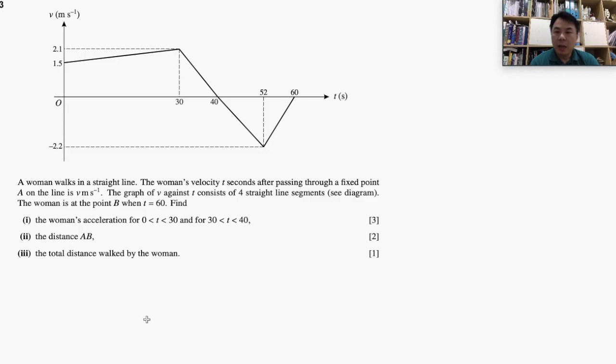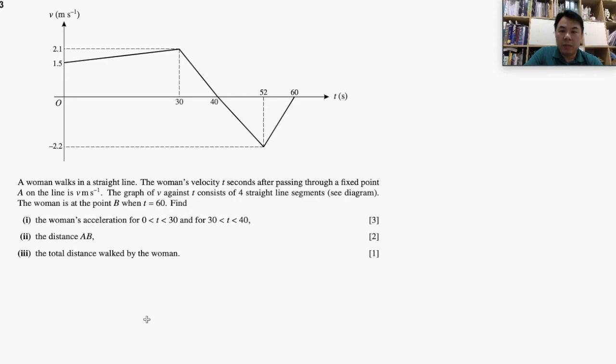The graph of v against t consists of 4 straight line segments as shown in the diagram above. The woman is at the point B when t is equal to 60.